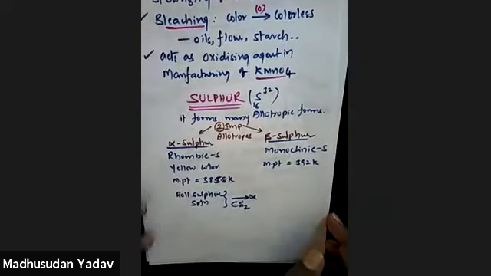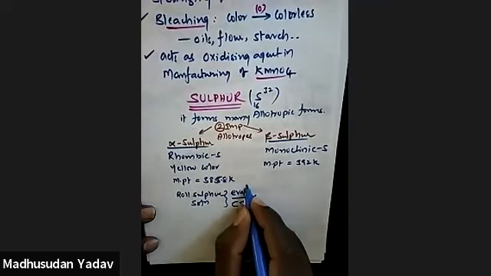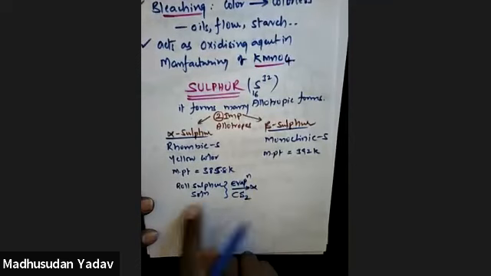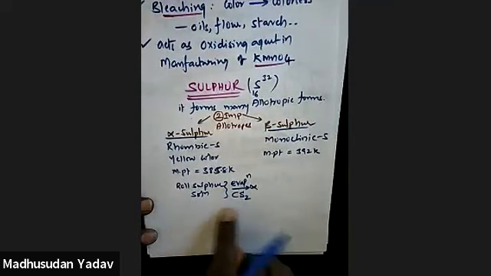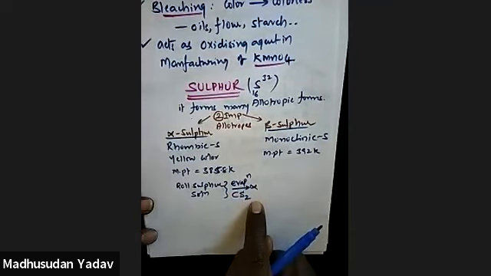So I'll simply write alpha sulfur. On evaporation, alpha sulfur in the presence of CS2 upon heating, you will get alpha sulfur.